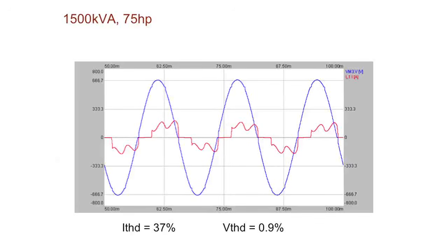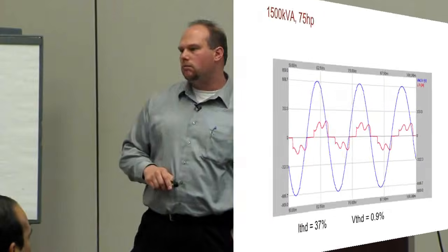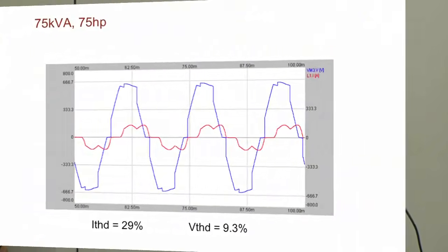And you can see I'm pulling a significant amount. But if I come down here and do the analysis of how much harmonics are in the system on this transformer, this is a pretty heavy-sized transformer for a 75 horsepower drive, you can see I got a current distortion of 37%, and I got a 0.9% voltage distortion. Pretty minimum on the voltage distortion.